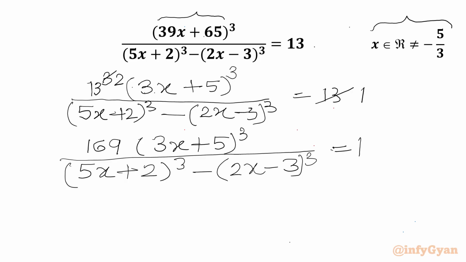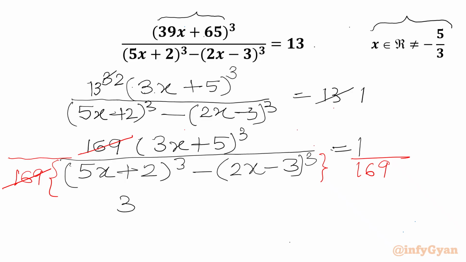Now we can divide both sides by 169. So let me write here divided by 169. This side also in the denominator we will write 169. So 169 will be cancelled out from our LHS numerator and denominator.